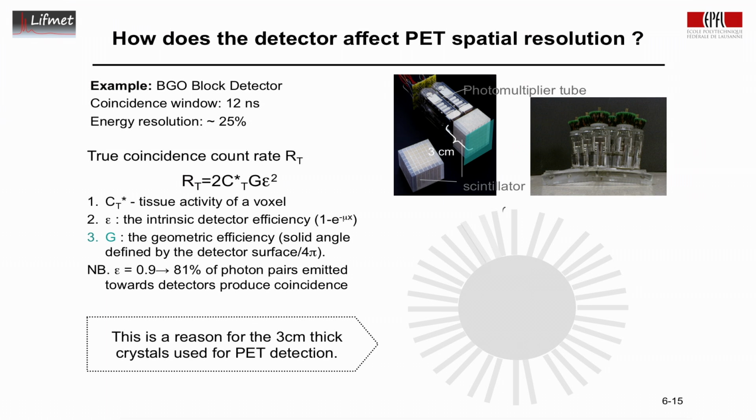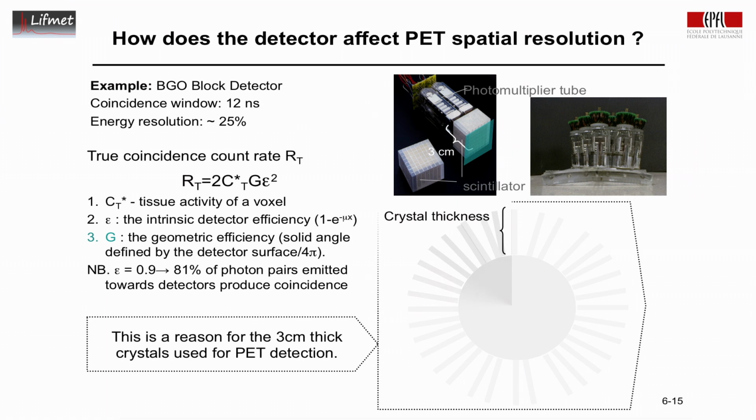Okay, so if we look now at our detector ring, here's the crystal thickness. We are considering these two detectors just opposite of each other. This is the line of coincidence that's defined by the two crystals. And if we have an annihilation event here, then we will attribute all the events to this line of coincidence.